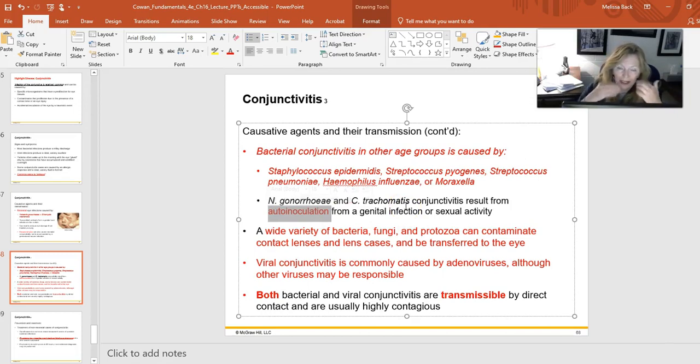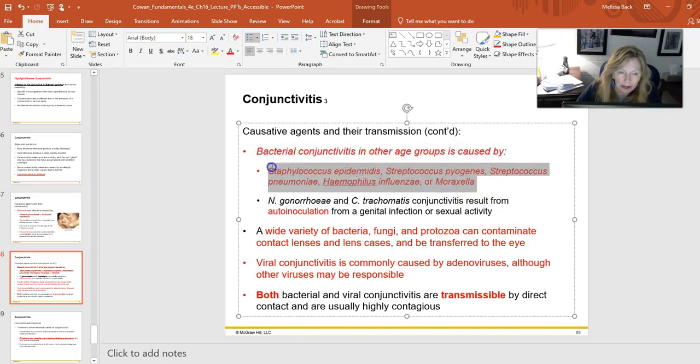And it doesn't have to be just genital, because you can have gonorrhea in the mouth. So taking that from there to the eye can also happen, or through sexual activity. So these can happen too in adults, but it's not usually very common in adults. These are the ones that you think about in other age groups.